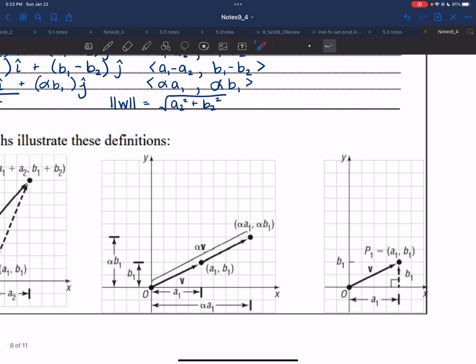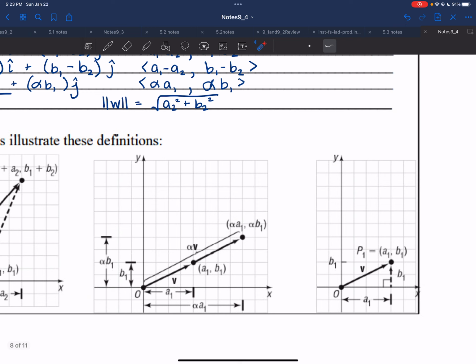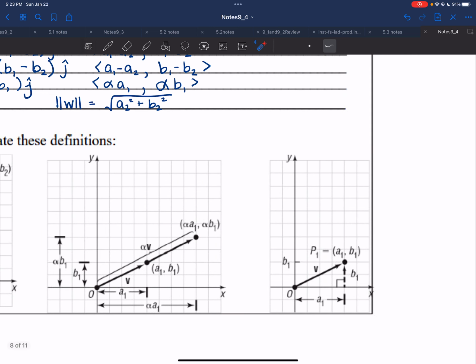This one is if I multiply, right? So if I have this value of alpha multiplied by a1, in this case it looks like double, I would take however many times we need to draw that vector to satisfy that alpha value. And then this would be just drawing our actual v vector, with my point being on the origin, and then a1, b1 showing my components in my x and y direction.